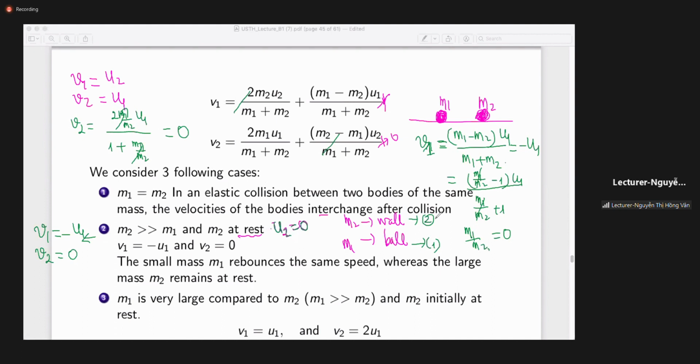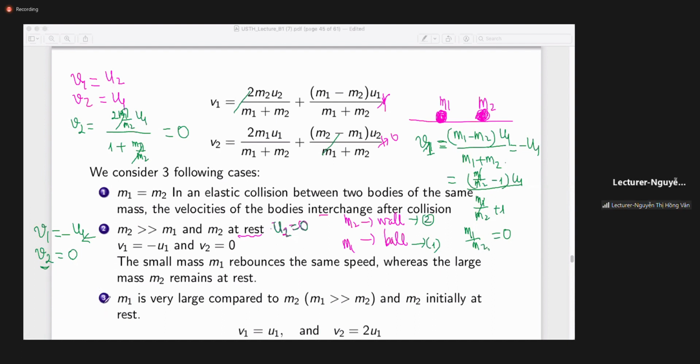And how about the wall after collision? After collision, the velocity of the wall is still 0. So the wall is still at rest. So this is what you see in reality, when the ball hits the wall and goes back. Is it okay? So you see this formula works very well in these two cases. And then you see it in reality.